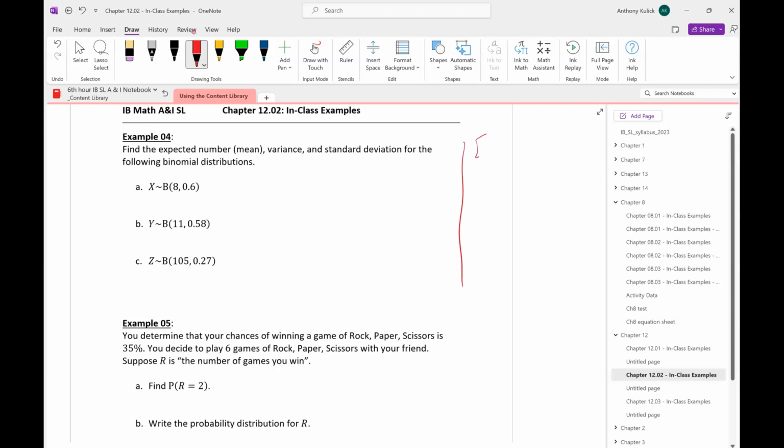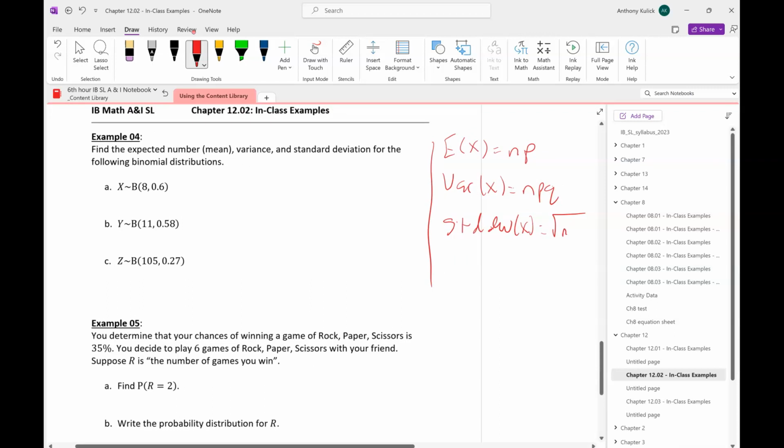Do you remember the formulas to do this? Probably not. Let's write them down real quick. So those are the formulas we'll need for that.